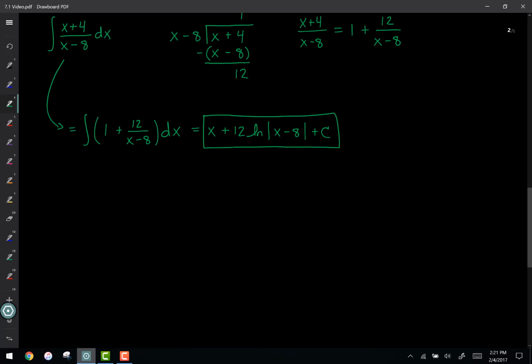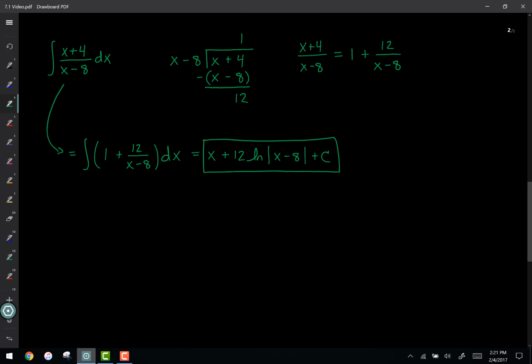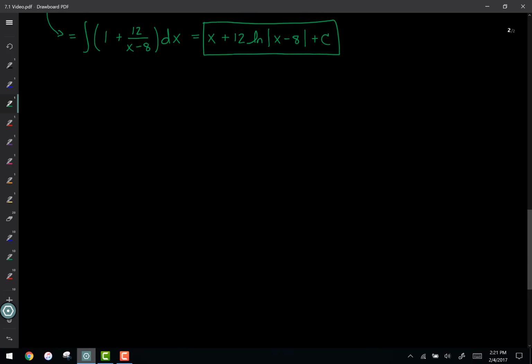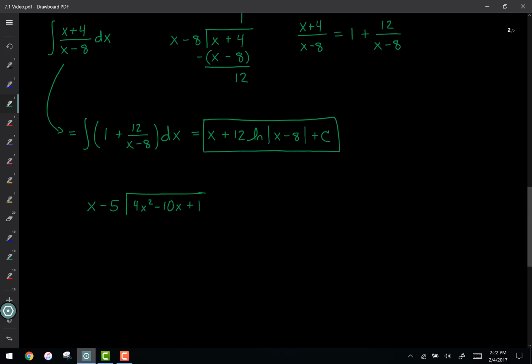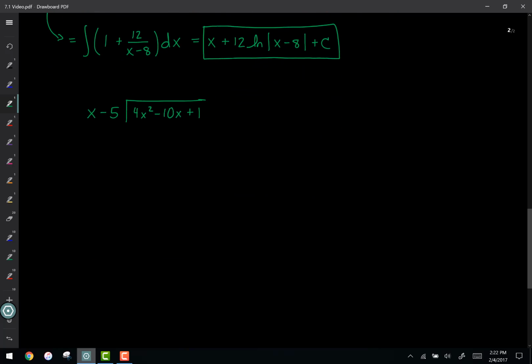Okay. So again, the good way to remember long division, let's look at one that's a little bit more complicated, since this example was a little short. The x in the divisor wants to be a 4x squared, so I have to multiply by a 4x in order for x to become a 4x squared.